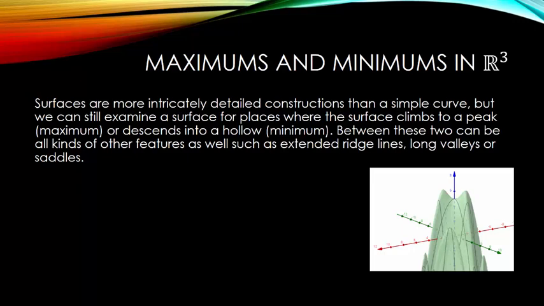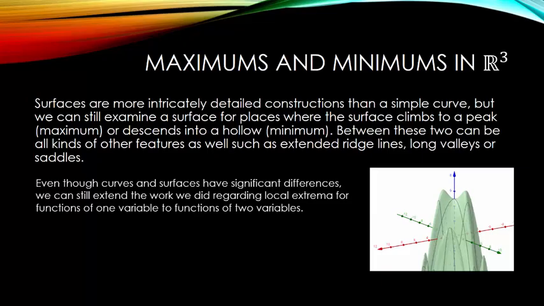Now, between these two extremes can lie all kinds of other features, such as extended ridge lines, valleys, or saddles. Even though curves and surfaces have significant differences, we can still extend all of the work we've done so far regarding local extrema for functions of one variable to functions of two or even more variables.